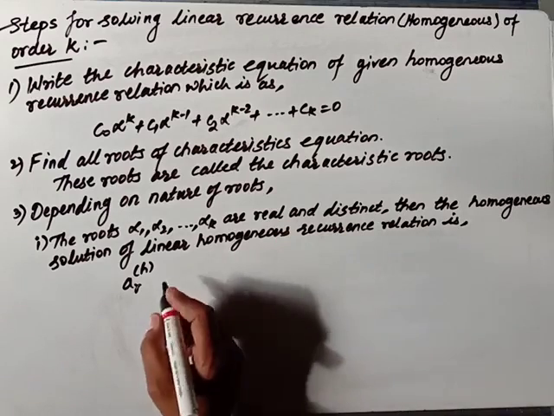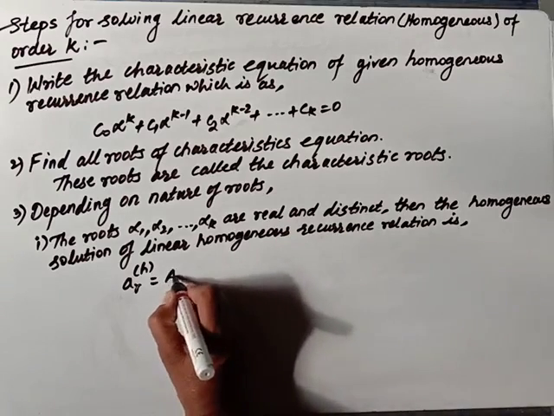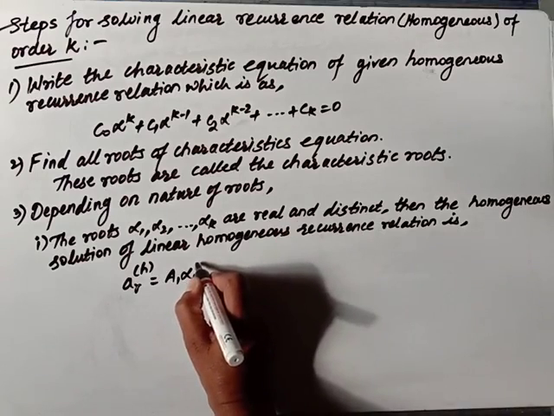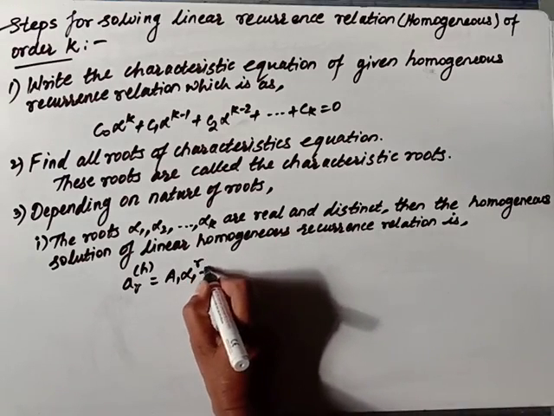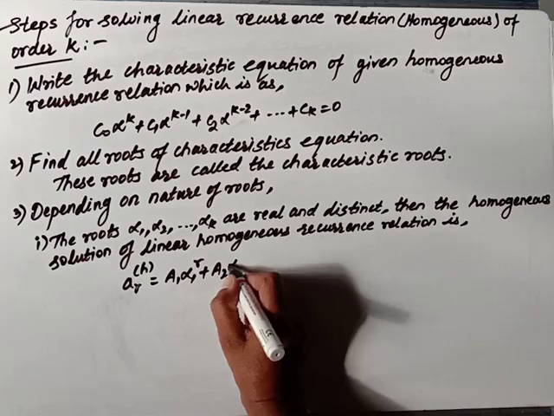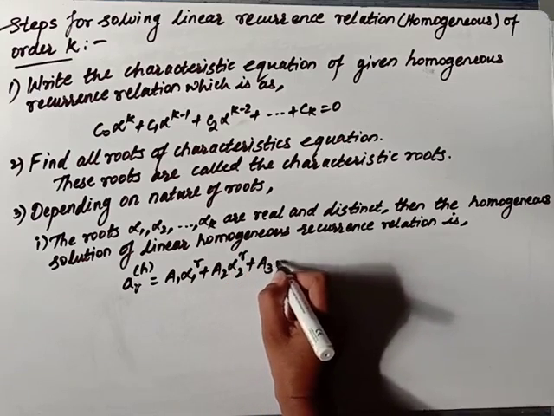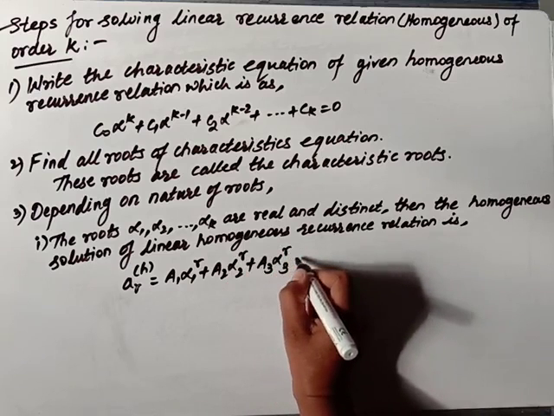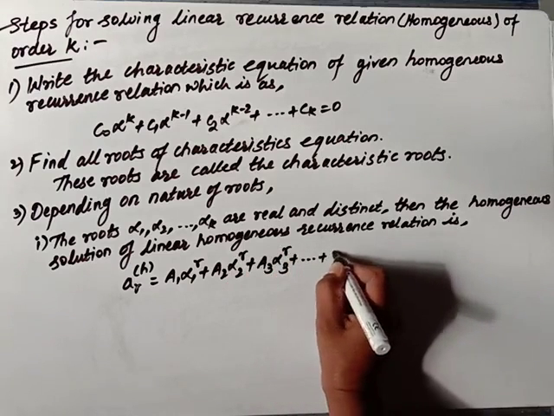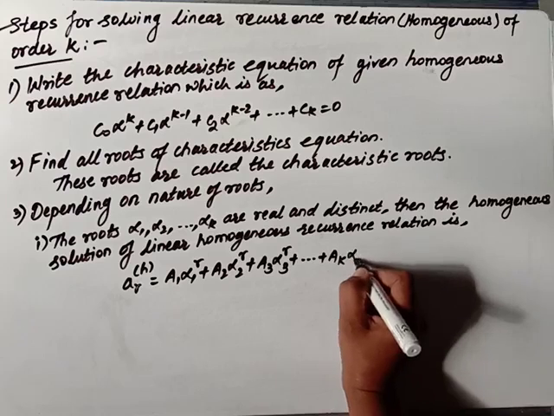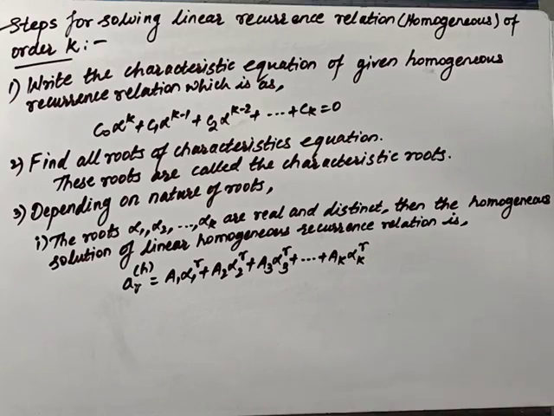Now it is for real and distinct: a_r^(H) = A1 alpha 1 raised to r plus A2 alpha 2 raised to r plus A3 alpha 3 raised to r plus so on Ak alpha k raised to r. This is about the real and distinct case.